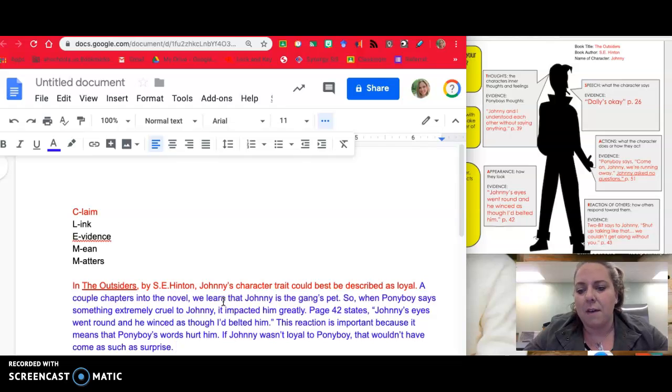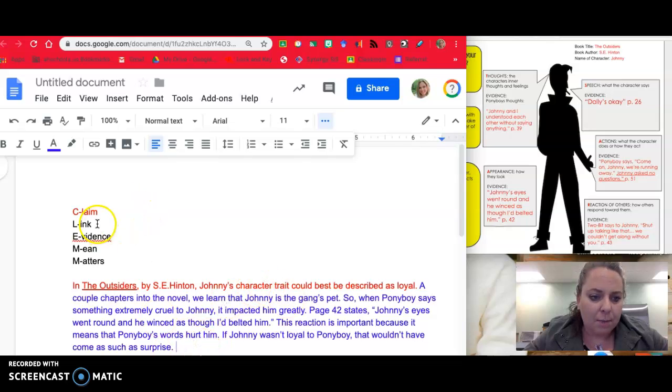Does that make sense? I feel like that's not a common type of reaction in their relationship. It proves that Johnny is very loyal, because otherwise that kind of thing would happen more often.